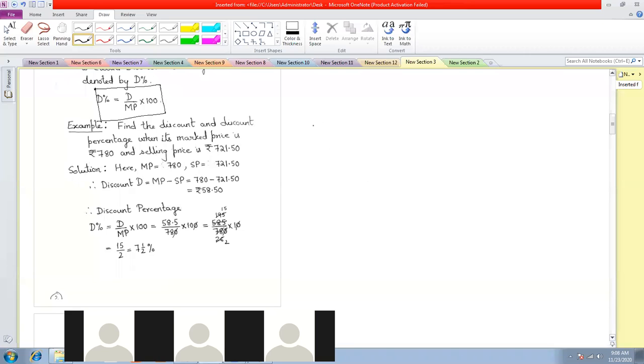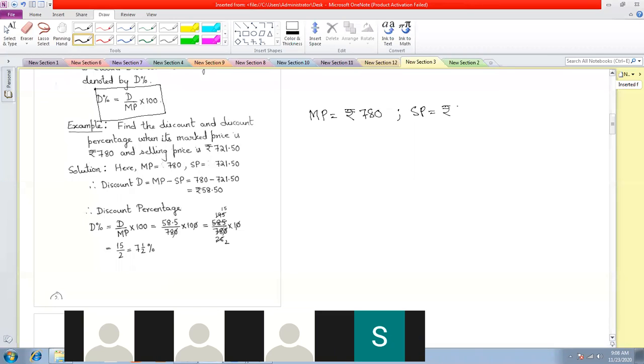First here we have mark price equal to 780. Selling price is given to be 721.5. Therefore, first part of the question, you need to calculate the discount.